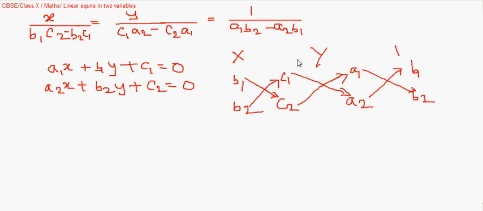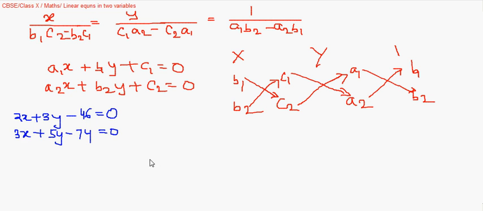Let's take up one question wherein we apply this formula to find x and y. Suppose the pair of equations given to us is 2x plus 3y minus 46 equals 0, and 3x plus 5y minus 74 equals 0. We have to substitute this in our formula.